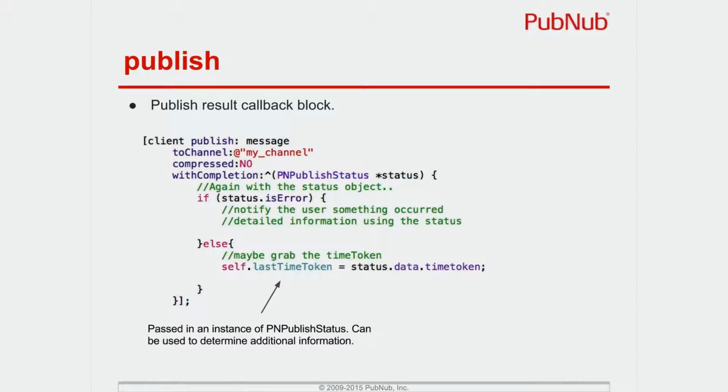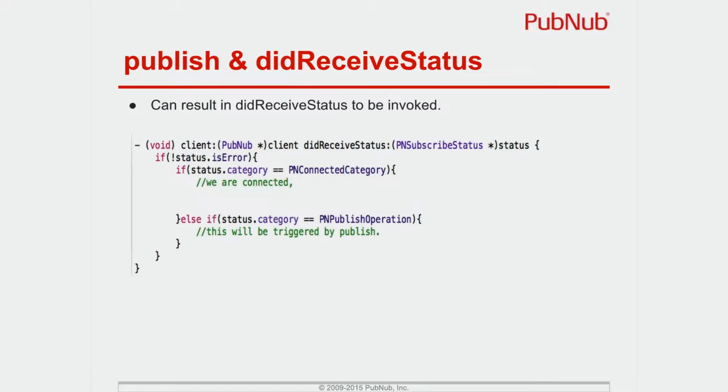Okay. Again, very simple. Even the blocks accept one argument, and in this particular case, it's a publish status, and typically they have status.data and some attribute, or status.asr. Okay, very straightforward.